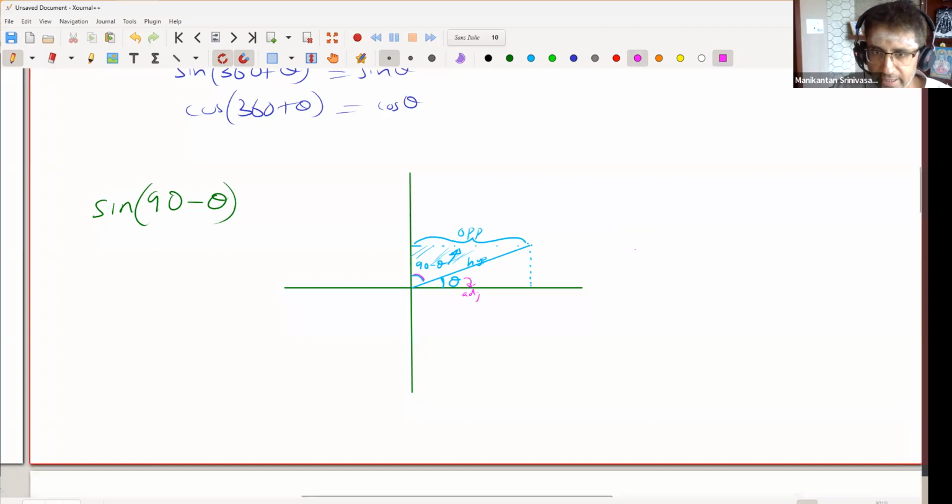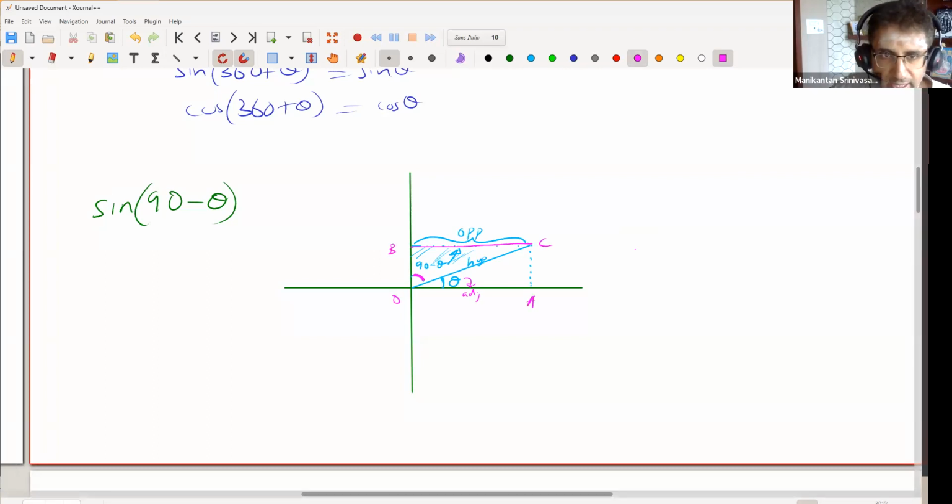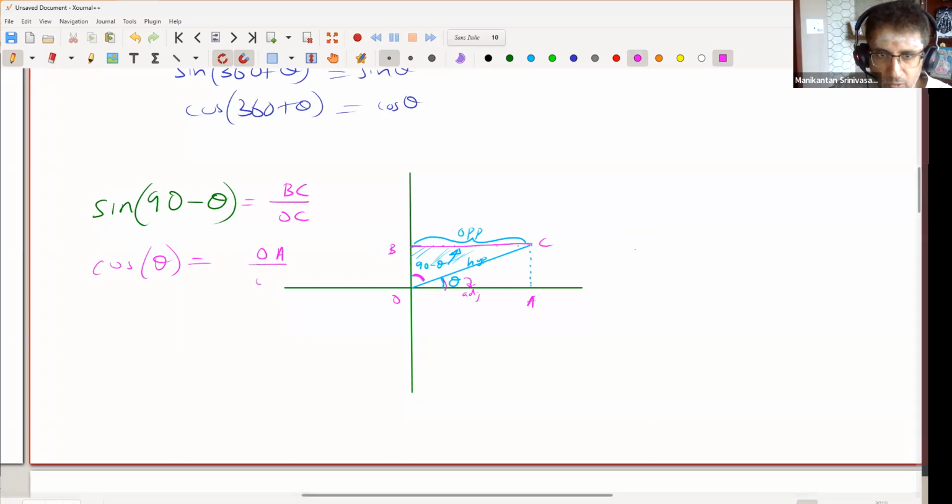I'll explicitly write A, B, C, D. From the top triangle's perspective, sine 90 minus theta is BC upon the hypotenuse OC. Whereas cos theta from the lower triangle's perspective is adjacent upon hypotenuse, which is OA upon OC.